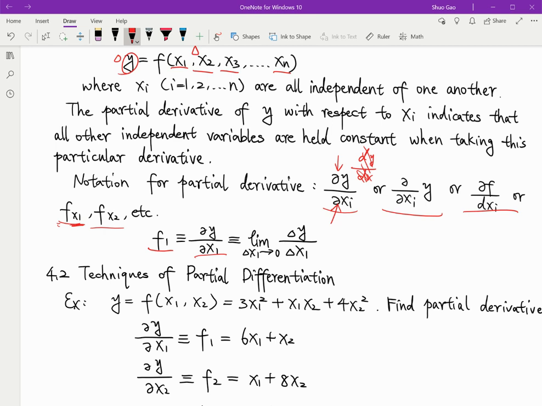So y is a function of all the variables, but we keep the other variables the same and only change the value of x1, to find the impact on the rate of change of y. This is called a partial derivative.